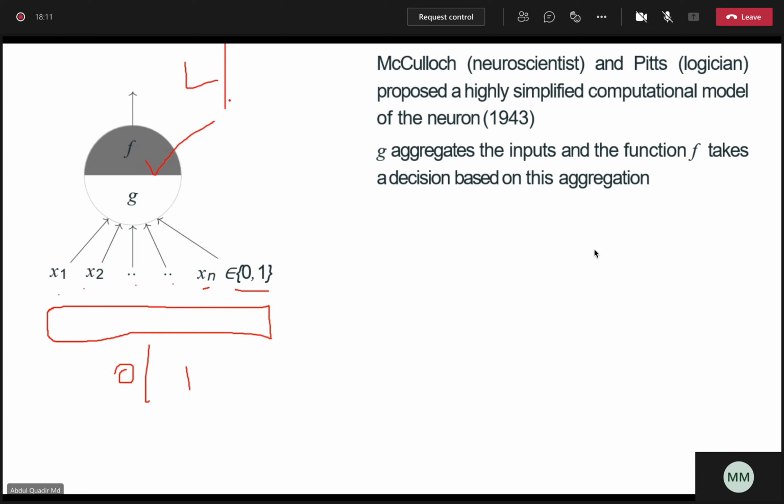whether I have to laugh or not laugh, that is, whether I have to fire or not fire, whether I have to trigger or not trigger. Everything is the same, right? So based on this aggregation function, it will trigger or not.